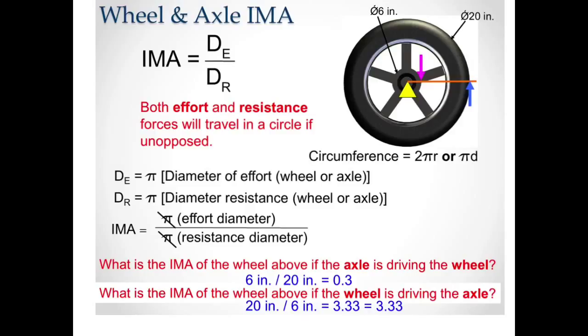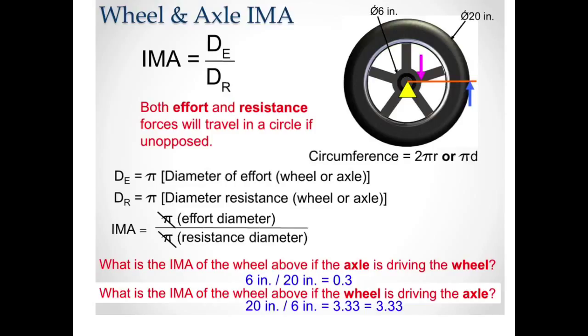And the diameter of my axle, because it says the wheel is driving the axle, so my distance of my resistance this time is going to be 6 inches. So 20 inches divided by 6 inches, inches canceling out, equals 3.33. Again, I'm consistent with my diameters. I don't have a radius and a diameter. I made sure they were both diameters.